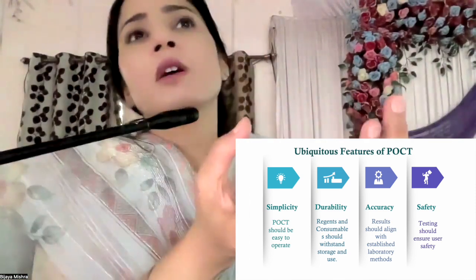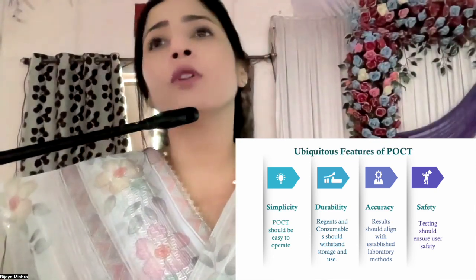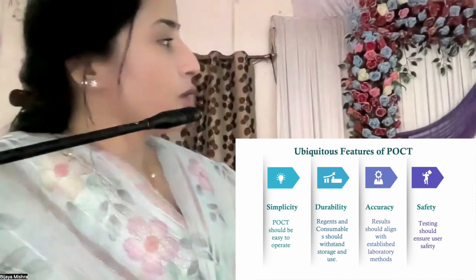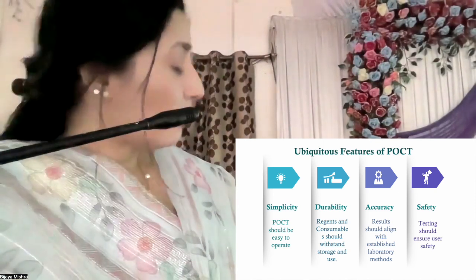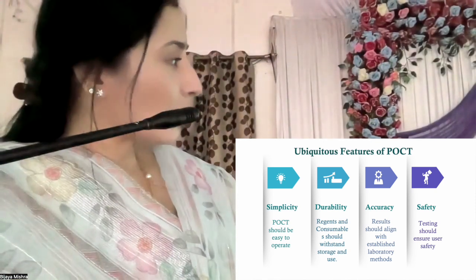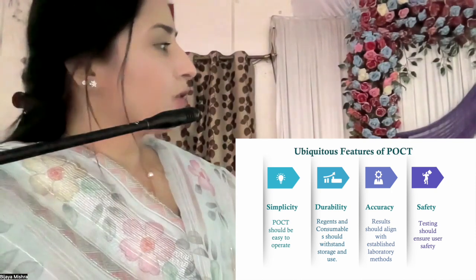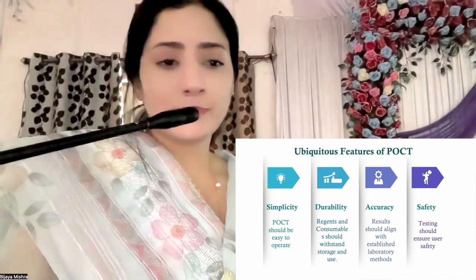If the device is very simple, but we need a very sophisticated technique for the reagent storage, it does not fulfill the criteria for POCT. So it should be very durable. It should give us accurate results, and the testing should ensure the user safety as well.